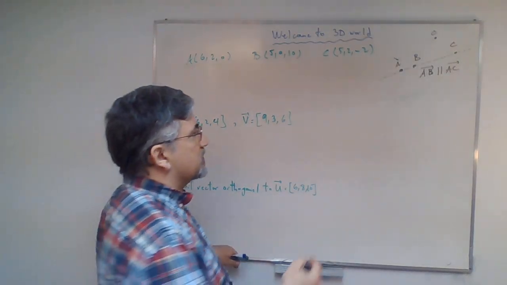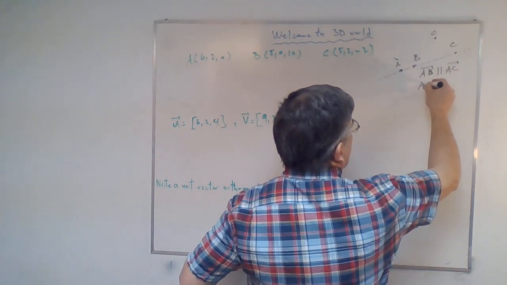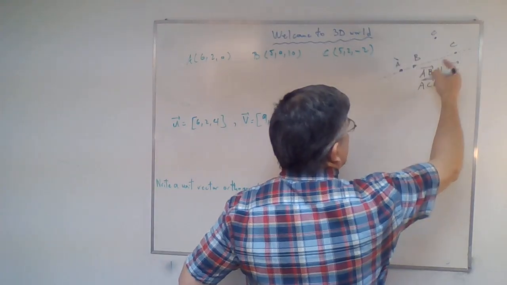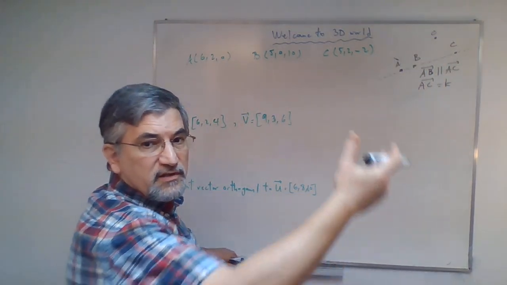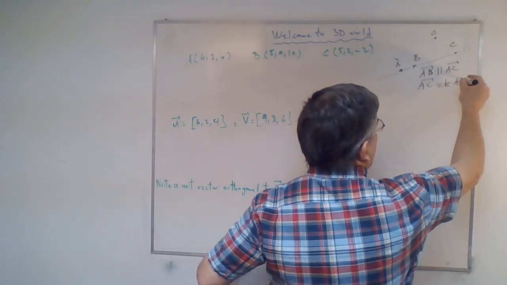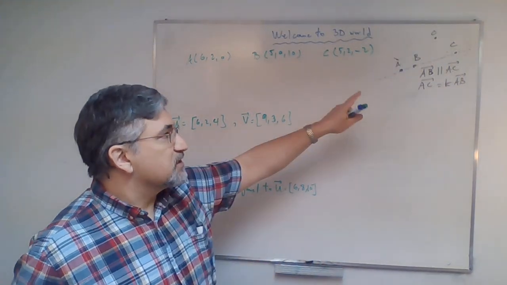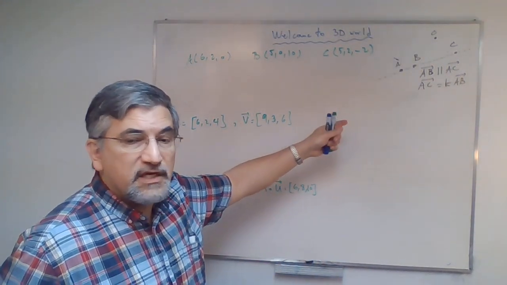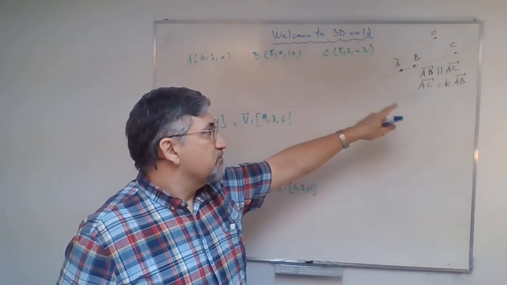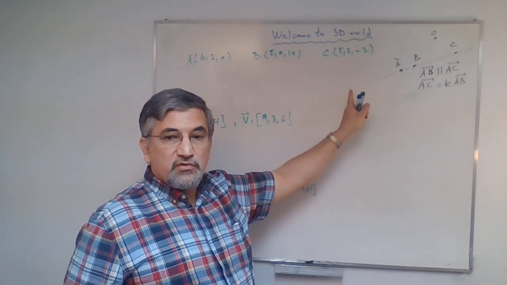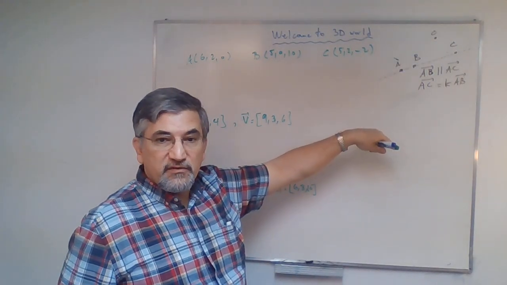And also you can say that vector AC is a multiple of vector AB. So maybe vector AC is 3 times the size of vector AB. Maybe that's the case. Maybe it's 2 times. Maybe point C is on the left side of point A, then in that case k will be negative, all right?